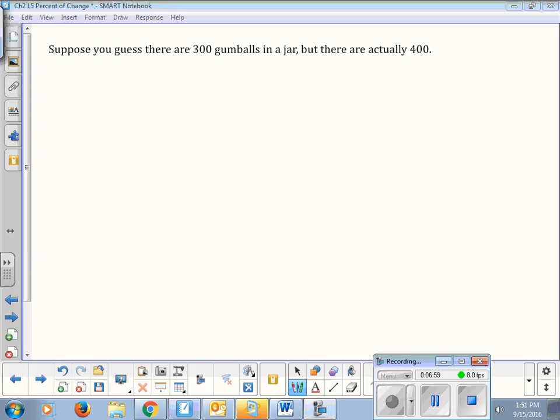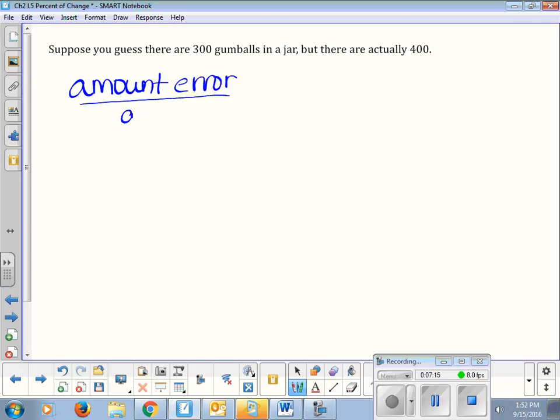Okay, so for our next example, suppose you guess there are 300 gumballs in a jar, but there are actually 400. We want our amount of error over our actual, and then we're going to set that equal to our percent over 100. So let's fill in what we know.